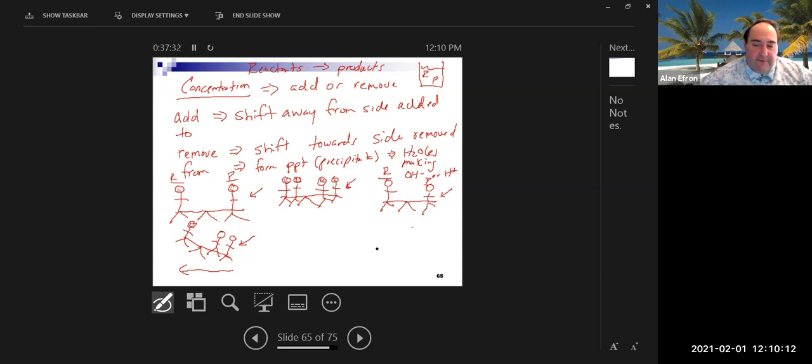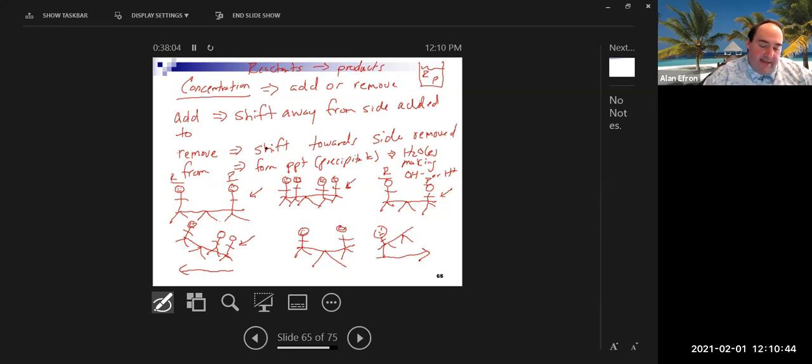When he hops off, this situation is going to occur. To fix it, we need to shift towards the side that was removed. We will once again come back to equilibrium, and my seesaw gets all messed up here. It was a bad drawing. And we're back to happy faces, hopefully, in terms of equilibrium.